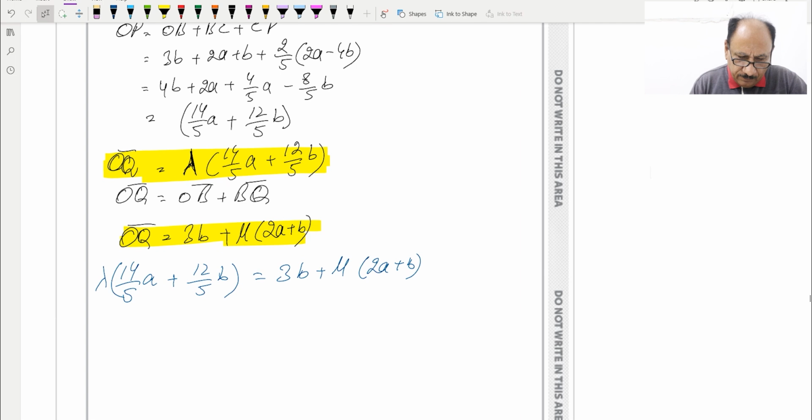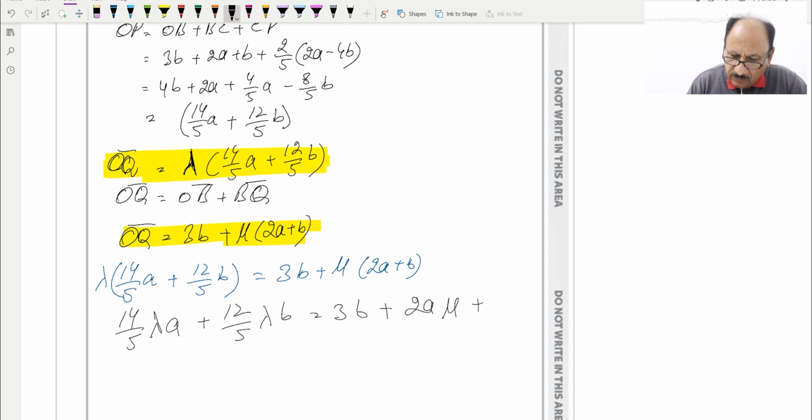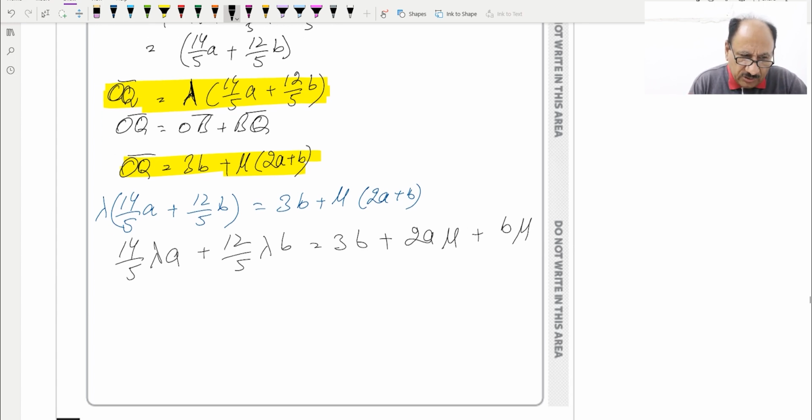Now we can simplify this equation, and this will be what? We can open the brackets. So 14 by 5 lambda A plus 12 by 5 lambda B is equal to 3B plus 2A mu plus B mu. So this is what we are writing. Now we can compare the coefficients.